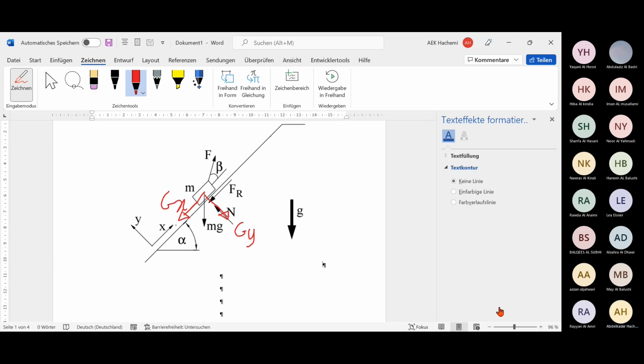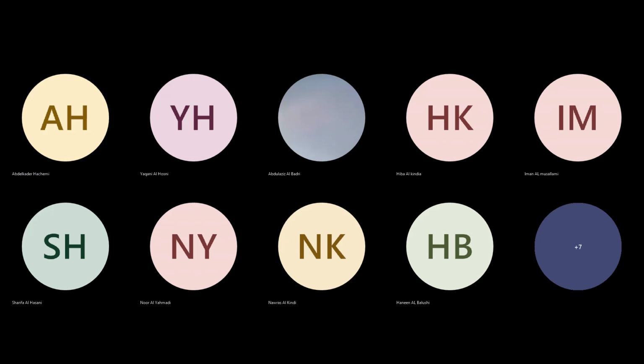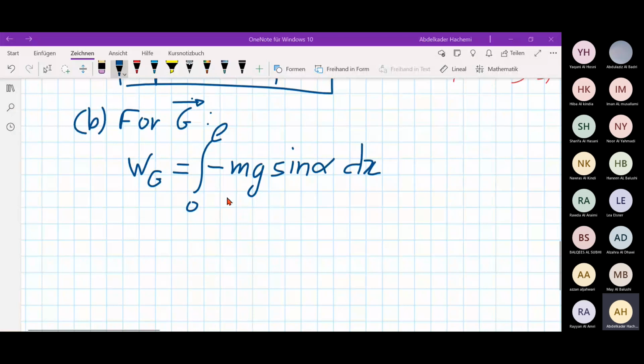Then we integrate, as mg sine alpha is constant, we can keep this expression out of the integral, then we will get minus mg L sine alpha.